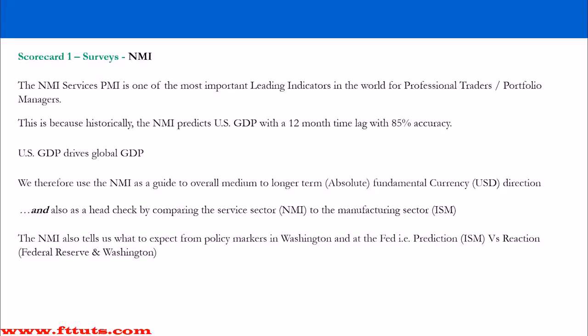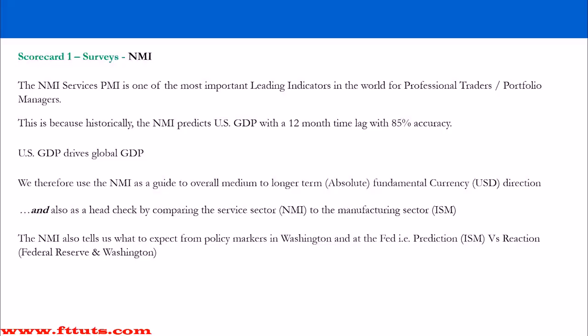Why is it important? Well, it's very leading in terms of the economy. Although the data only goes back to 2008, it's a very leading indicator, and it gives 85% accuracy in terms of a 12-month time lag in leading the economy.